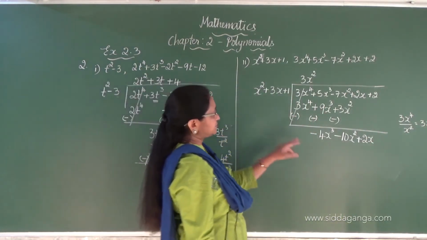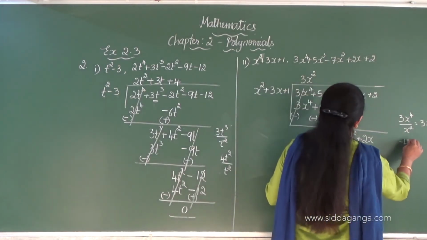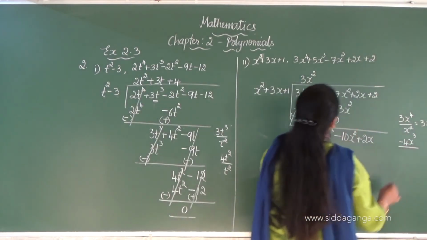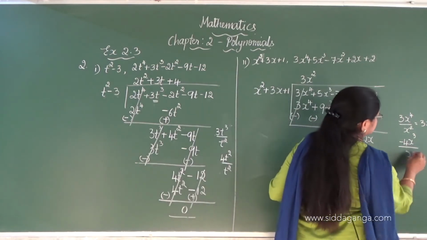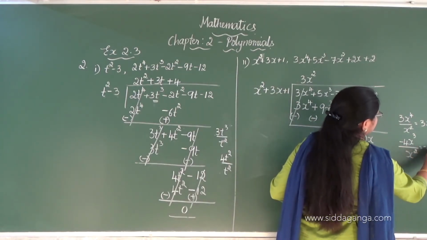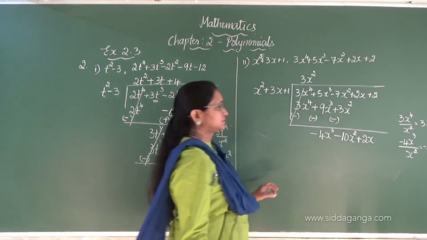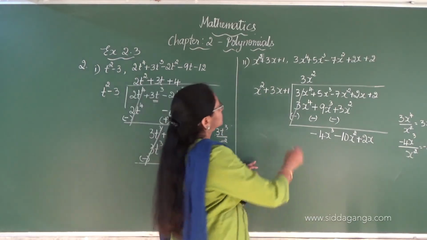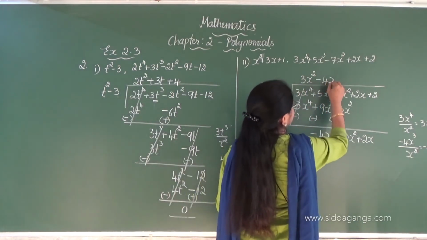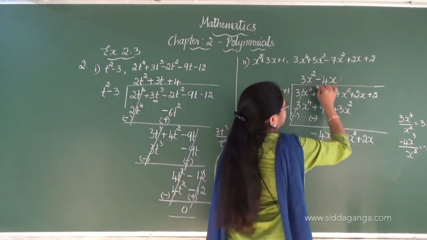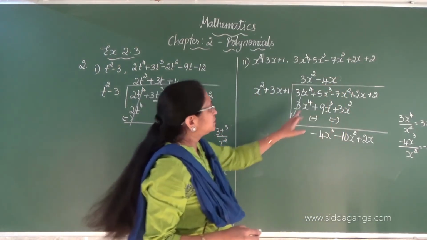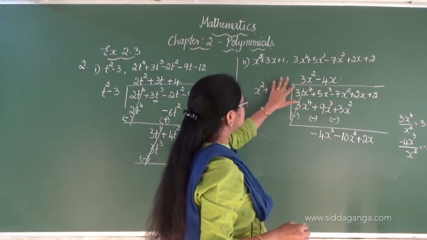Now, next term. So, minus 4x cube divided by x square will be minus 4x. So, take minus 4x. Now, this is the second term of the quotient. Now, minus 4x into this polynomial.